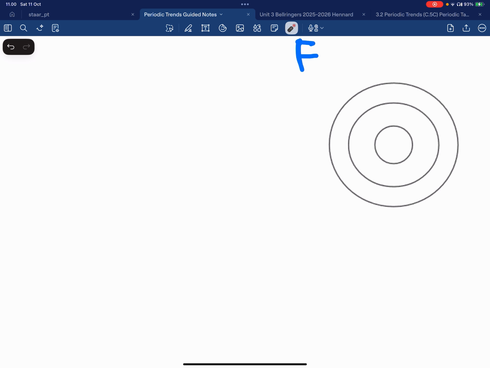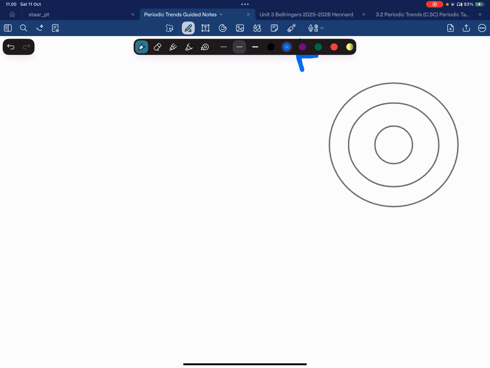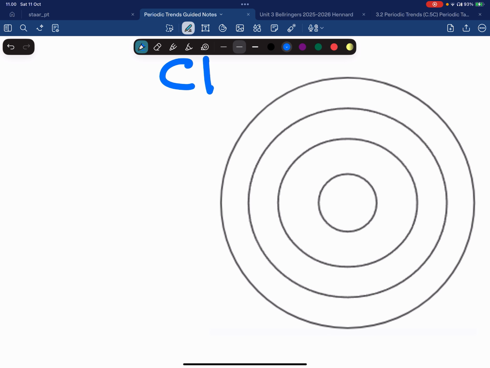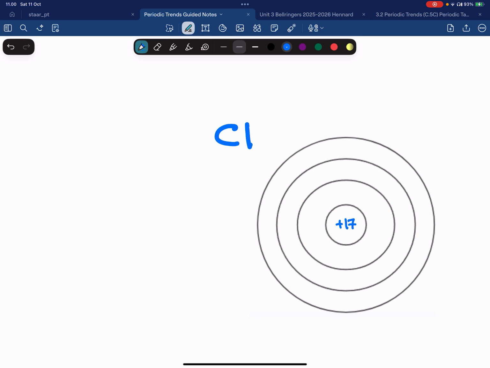So fluorine will have a positive 9 in the nucleus with 1, 2, 3, 4, 5, 6, 7, 8, 9 electrons. Chlorine will have a positive 17 in the nucleus and 17 electrons, which I'm going to go ahead and put in here as quickly as I can.